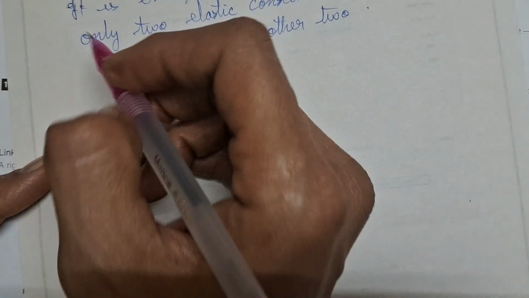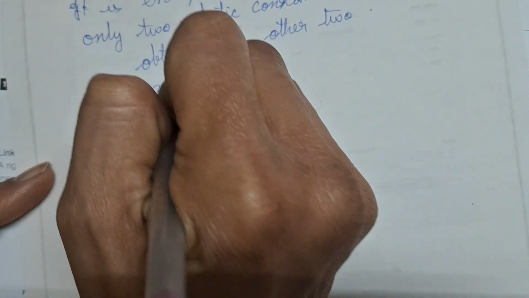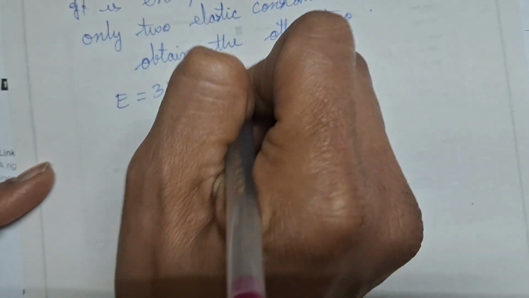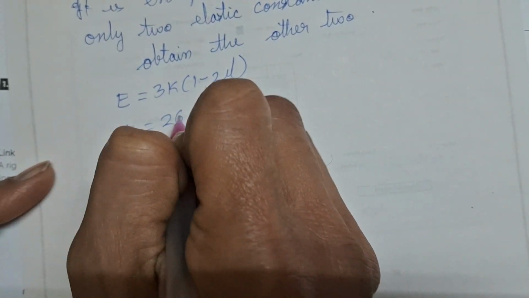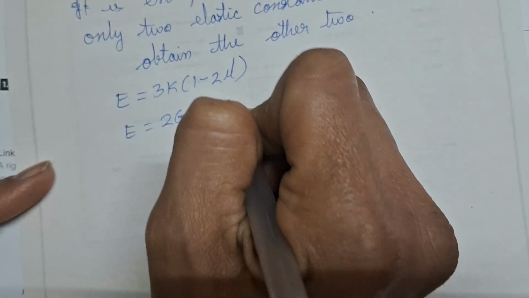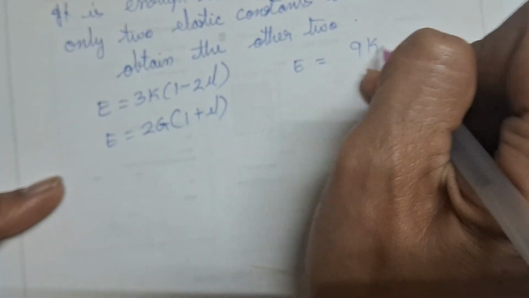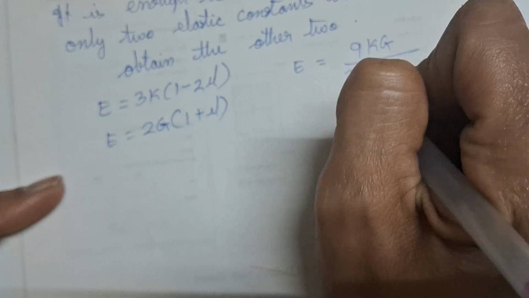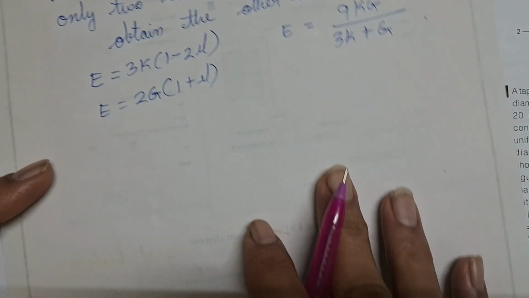Now how can we find them? We have equations. E is equal to 3K(1 minus 2 mu), this is one equation. E is equal to 2G(1 plus mu), this is another equation. E is equal to 9KG upon 3K plus G, this is the third equation.